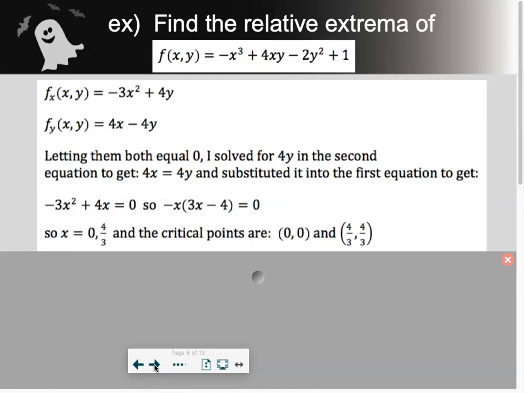All right. Once you find your critical points, what do you need to do with them now? You've got to find D, which means you're going to have to find your what? Second partials. They're not bad. These are easy.